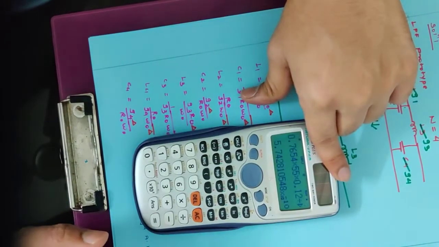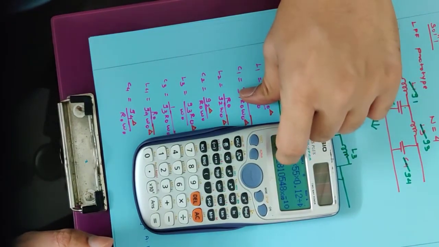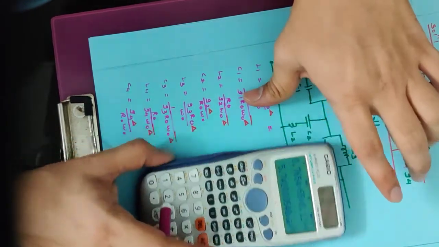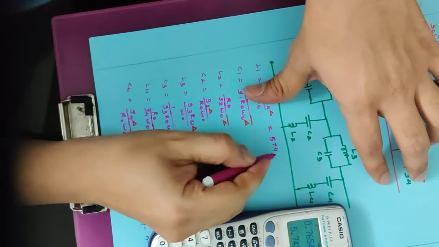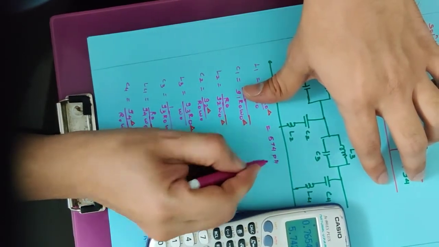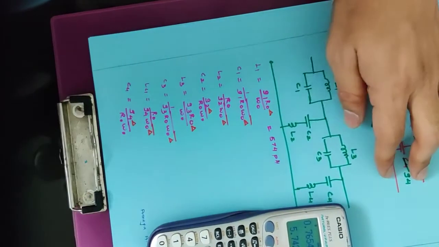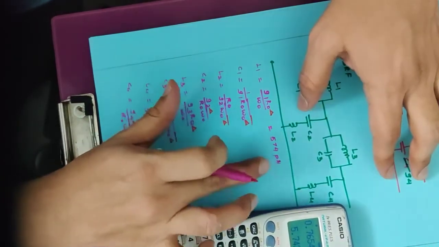So if you calculate, this turns out to be 574 picohenry. So again, you will have L1 is equal to 574 picohenry.